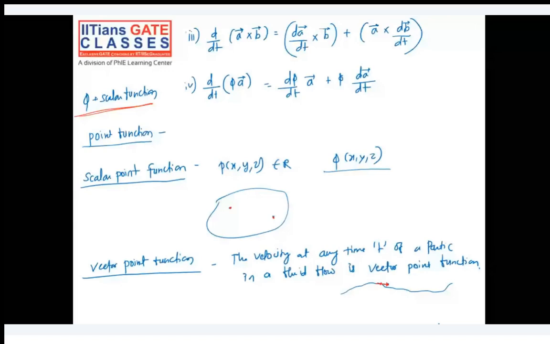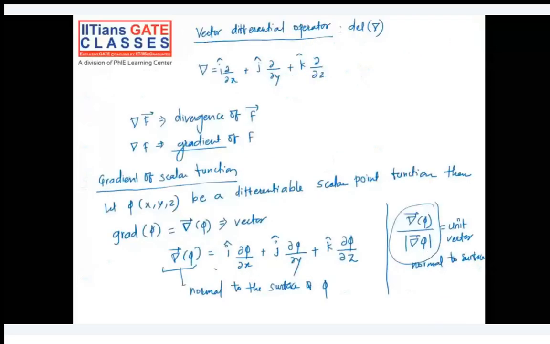Okay, now coming towards the major part of this, vector differentiation. What is a vector differential operator? Generally, whenever we are dealing with vector differentiation, we use the operator del.